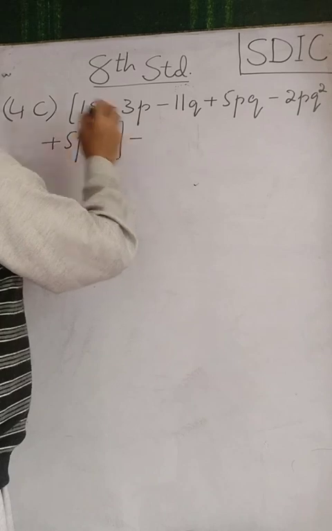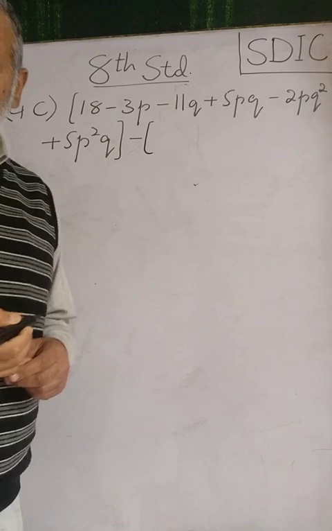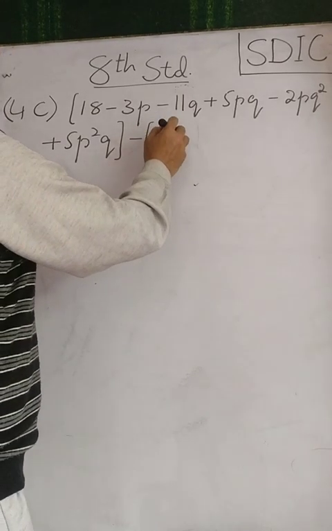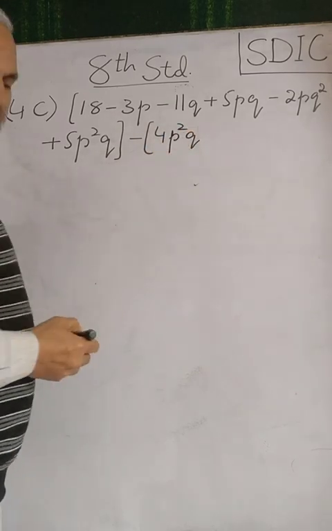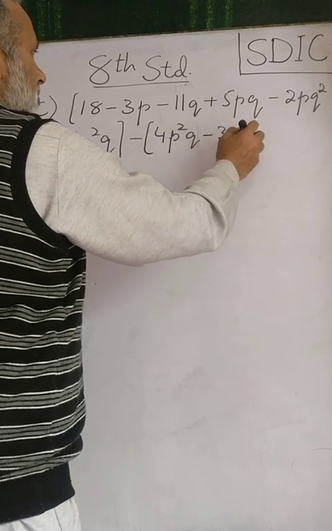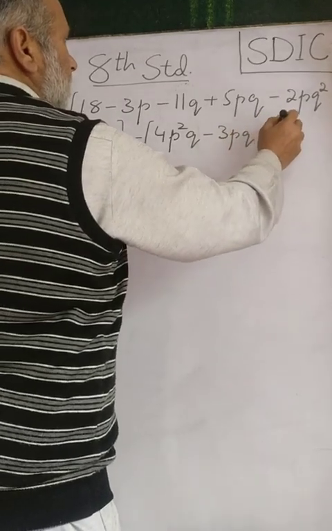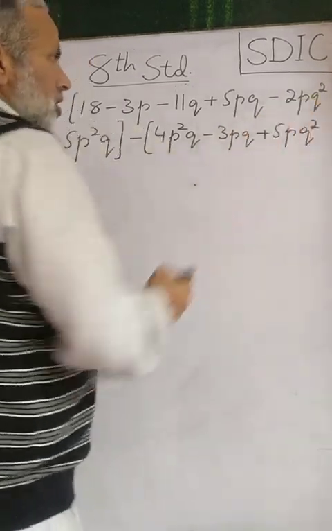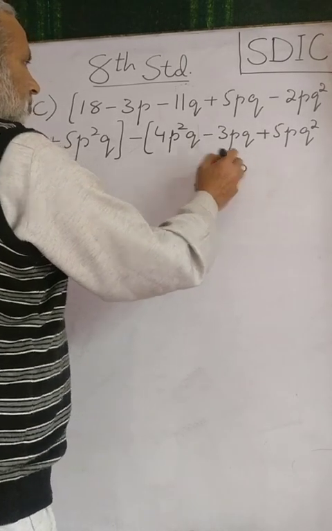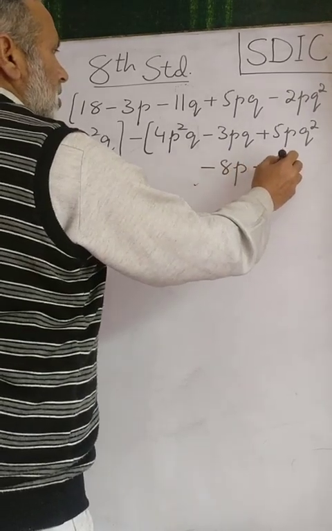Now it will be followed by a minus sign because we have to subtract the two expressions, and then begin the second bracket for the second expression to be subtracted. And this expression is 4p square q minus 3pq plus 5pq square minus 8p plus 7q minus 10.